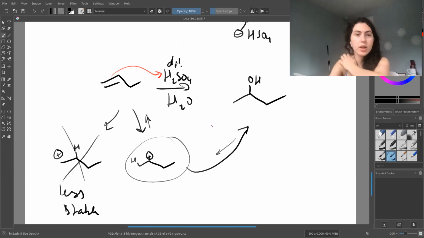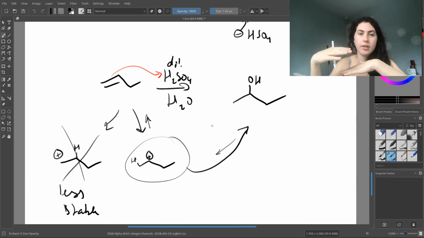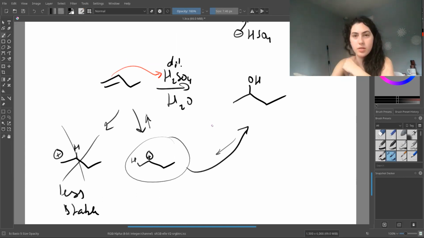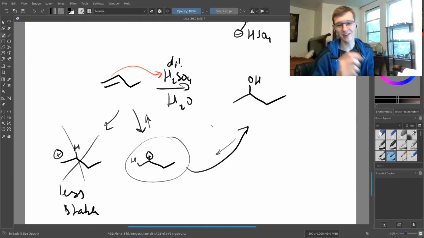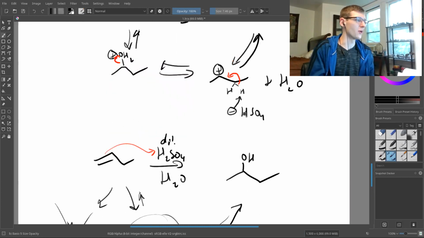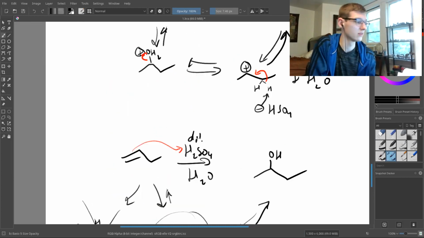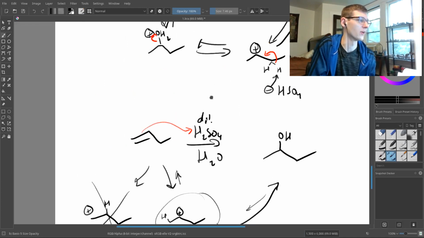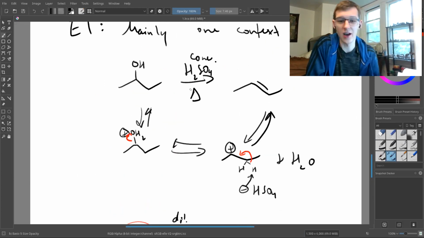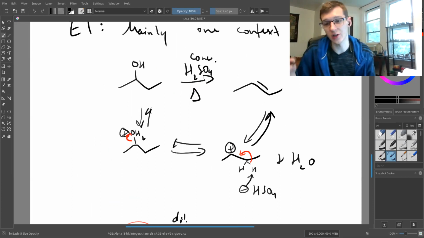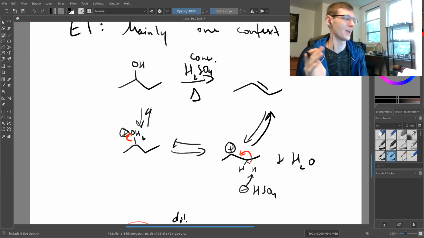So when drawing the arrows, should we do different sized forward and back arrows depending on if the acid is dilute or concentrated? No, you could just write normal reversible. In fact, for E1 up here, you're adding so much concentrated acid, and you can get sulfuric acid really concentrated.